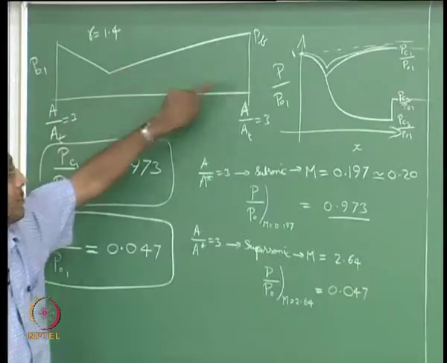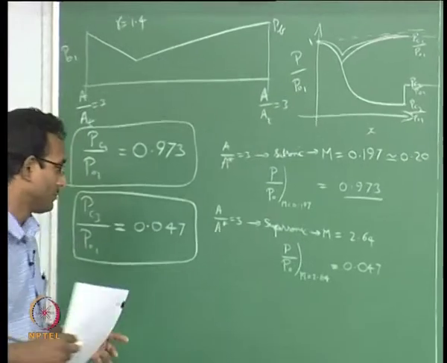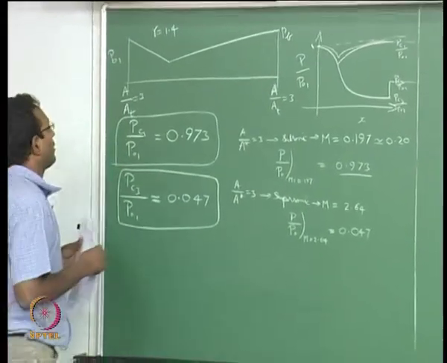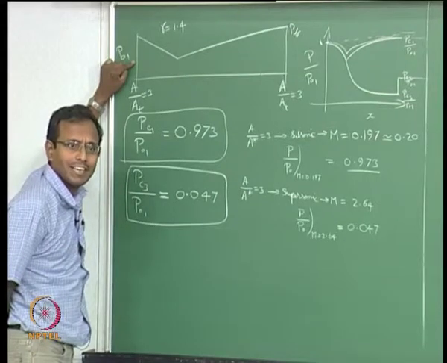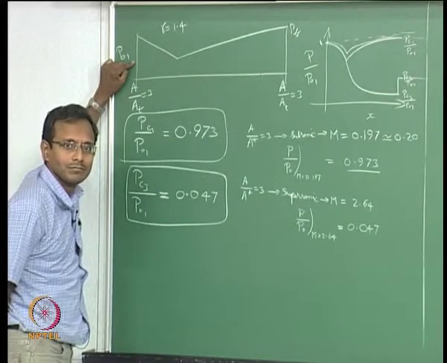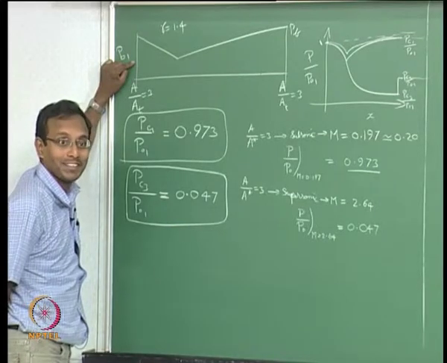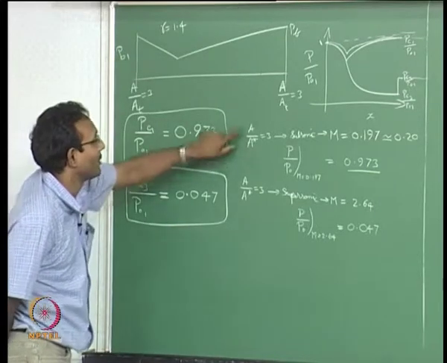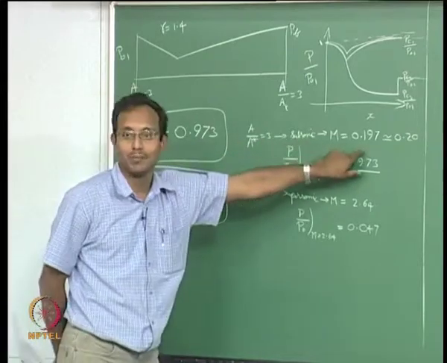Remember that this is for this particular nozzle with A by A throat of 3, it will not be working always. By the way, what will be the Mach number here at the inlet of my duct? You have the answer on the board, by the way. It should be equivalent to A by A star of 3 subsonic solution, 0.2.